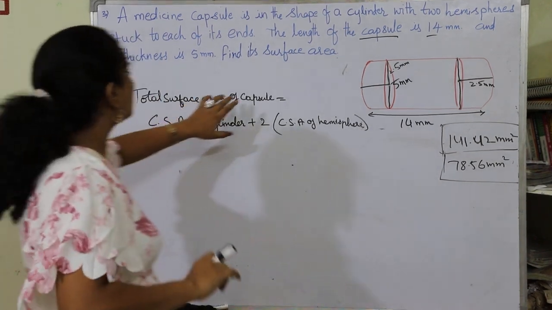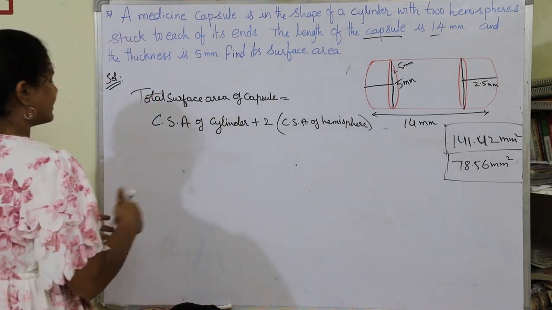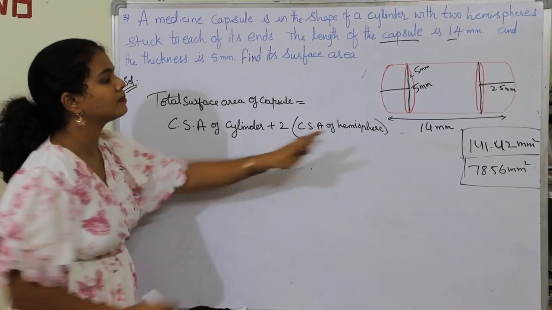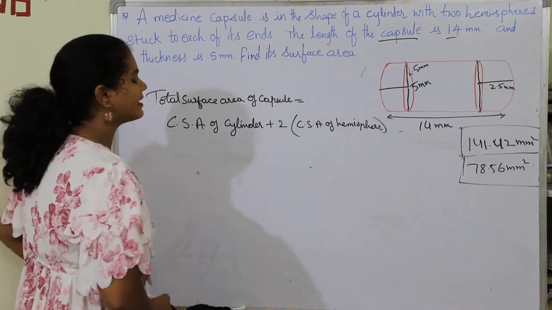Now to find the total surface area of the given capsule, there is nothing to do but add both values. So add 141.42 plus 78.56.